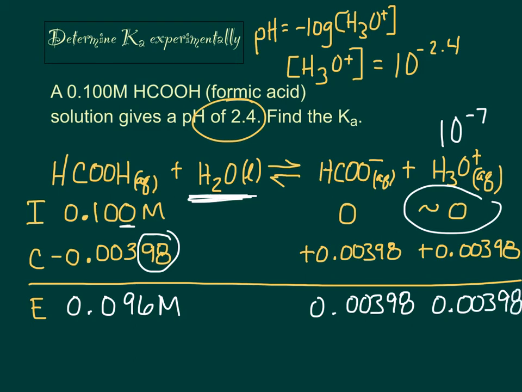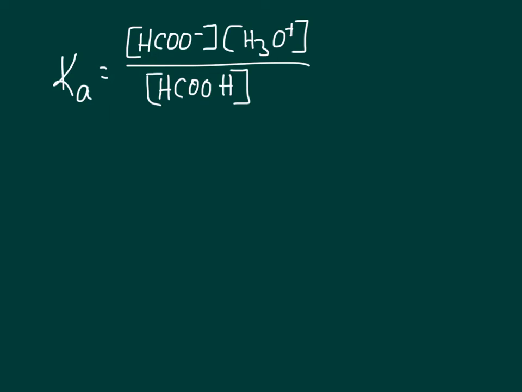Okay, now we can use all of this and plug it into our Ka expression for this equation. Now you can go back and kind of cheat and use the HA, and so on and so forth, but let's actually use the Ka expression. So this is our Ka expression for the actual equation we used. Like I said, for ease, if you want to cheat and just use A minus and H3O plus, that's cool. So we're just going to plug numbers in and get our answer.